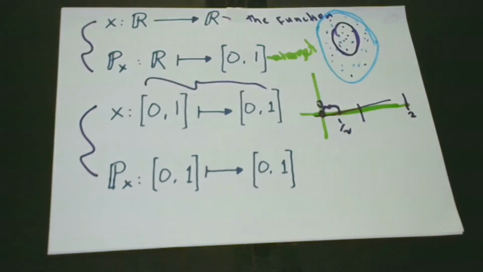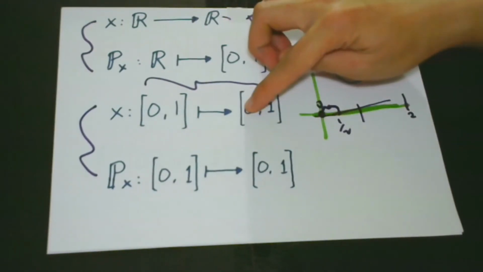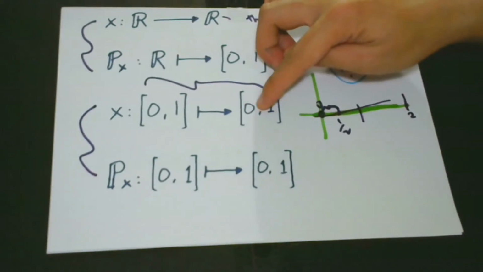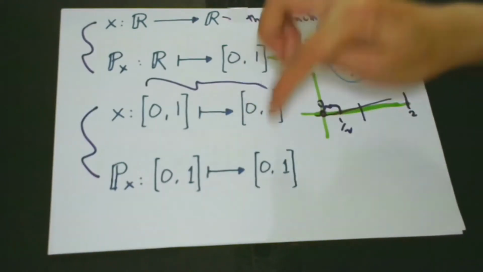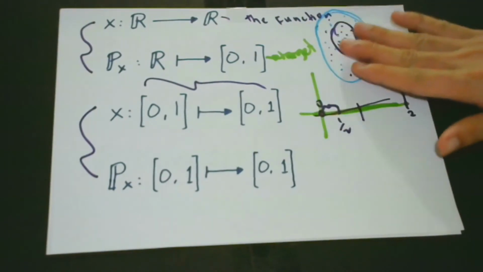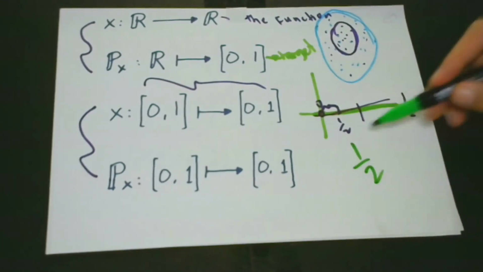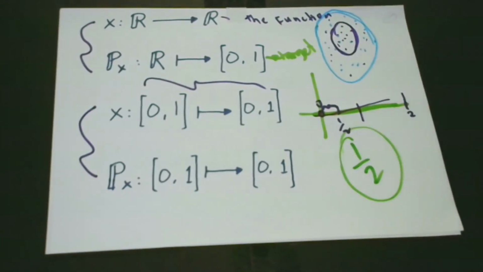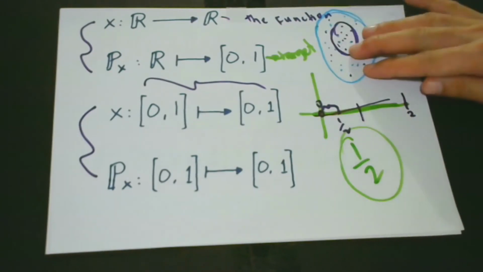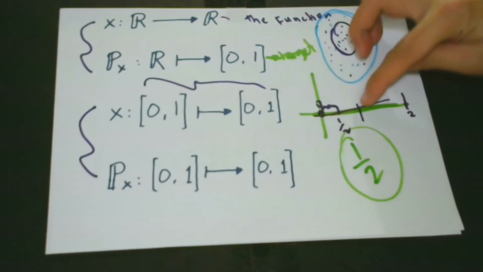Again, this defines the function, and this corresponds to the target. Remember that we are looking for the value 1/2, and this means the interval 0 to 1/2.